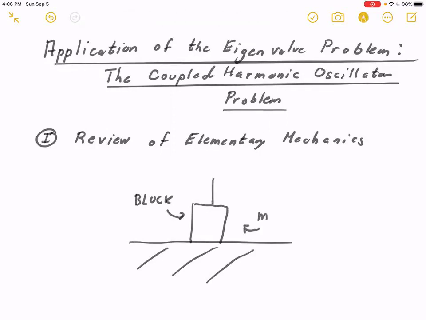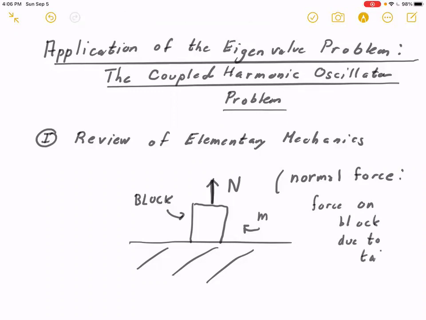Now, there is a force on the block, which we'll call N, and N stands for normal, or perpendicular. So it's a normal force, which is the force on the block due to the table on which the block sits.